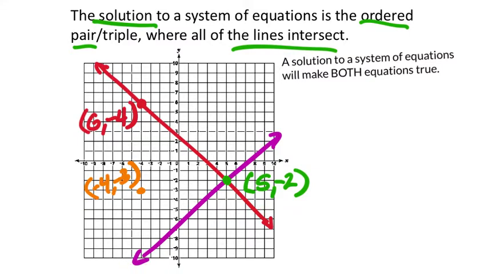It means that if you were to try these two values into the original two equations, you'd find that both are false. But again, the actual solution here in green would make both of them true. And that's the key point there.